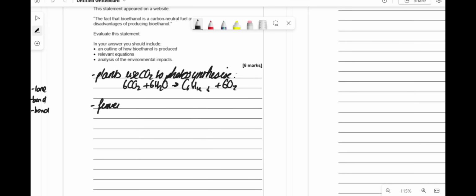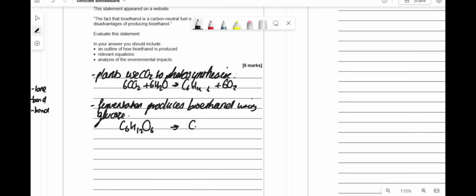So fermentation produces bioethanol using the glucose from photosynthesis. So the equation for this one is you get your C6H12O6 and you're making bioethanol. So it's going to be 2C2H5OH plus 2CO2, and there's a 2 in front of that.